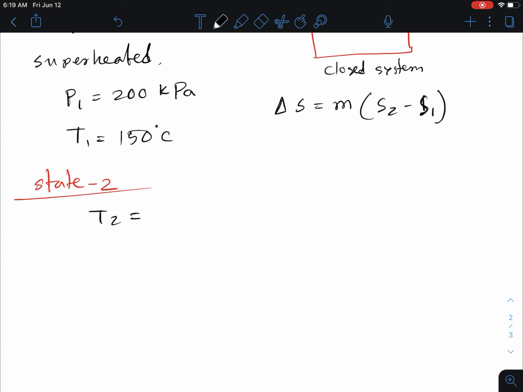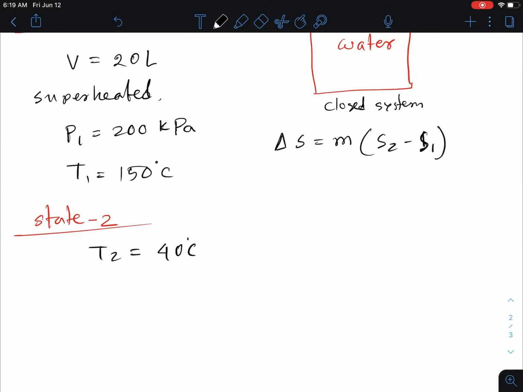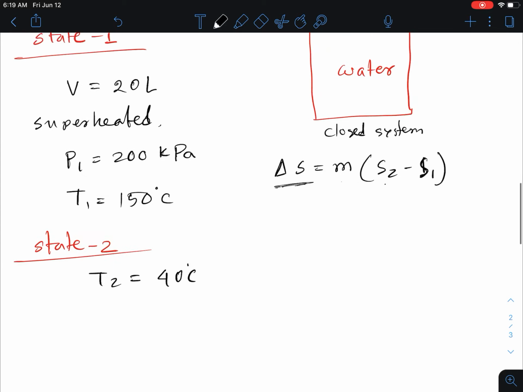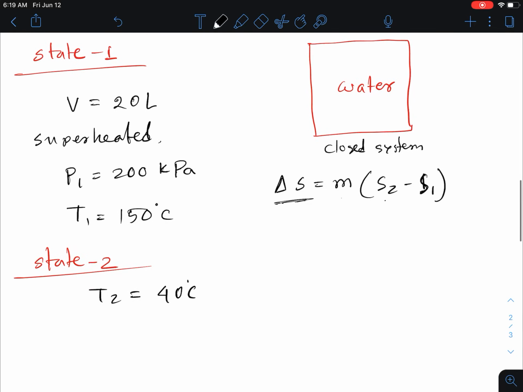T2, temperature, was 40 degrees C. So to calculate the entropy change of that system, we have to have the information about the mass, entropy at state 2 and entropy at state 1.